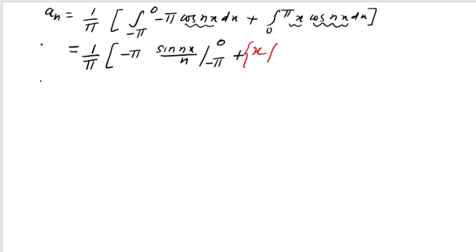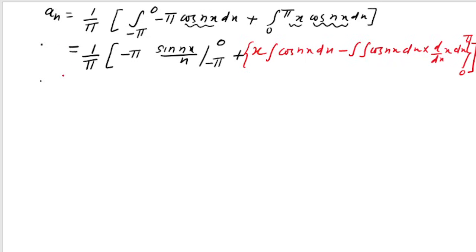So x, I write integration of cos nx dx, first function, integration of second function, minus integration of again integration of second function, that is cos nx dx, into differentiation of first function, and then this whole thing is integrated again, right? And here I close the bracket, and for this part the limit of integration is 0 to pi, and then I close this bracket.